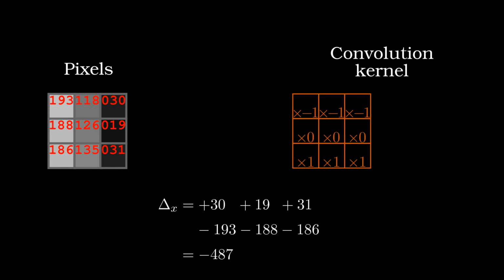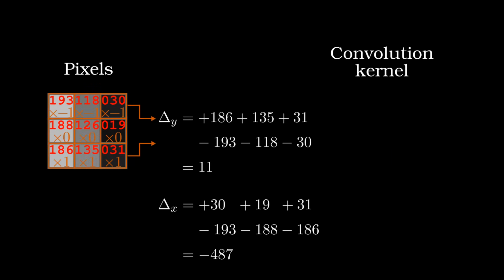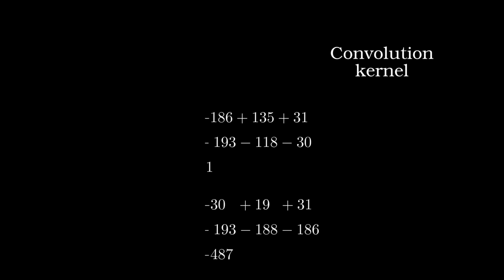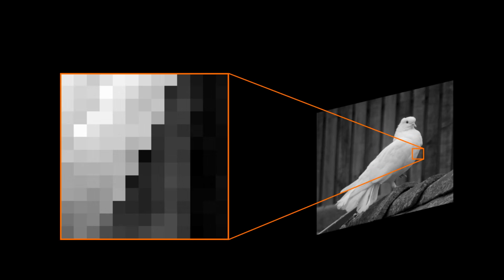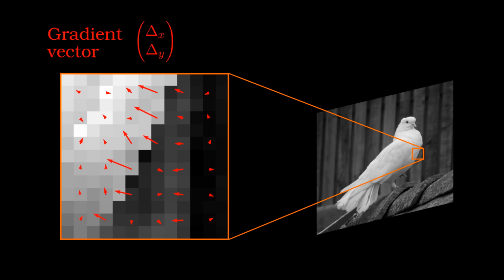Similarly, by adding together the values below and subtracting away the ones above the pixel, a vertical change in brightness can be calculated. Together, these two can be formed into a vector. The change in x is the x component, the change in y is the y component. This vector, with its magnitude and direction, represents how the brightness is changing in the vicinity of the pixel.